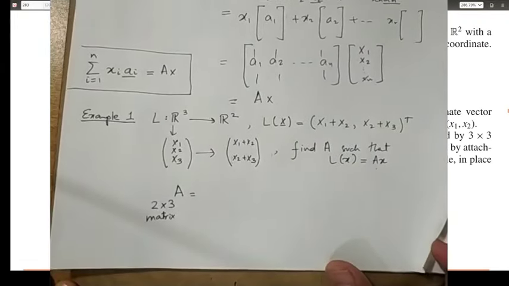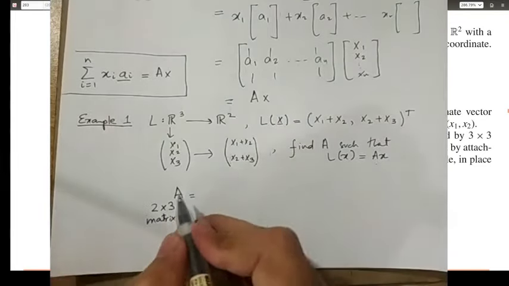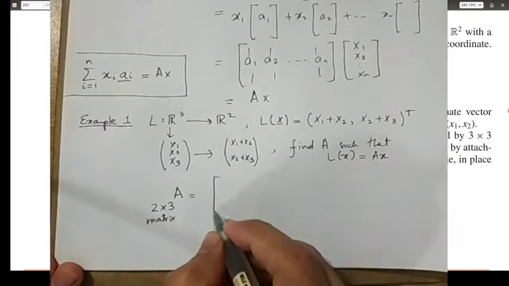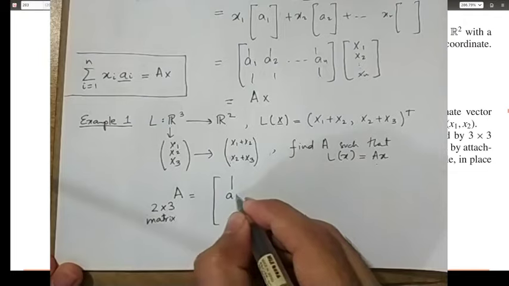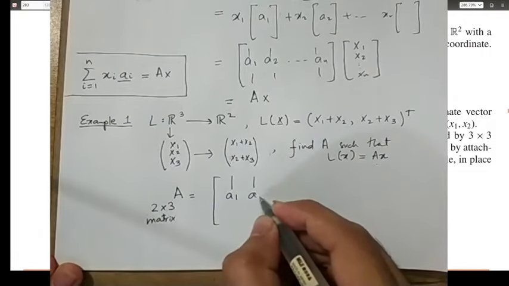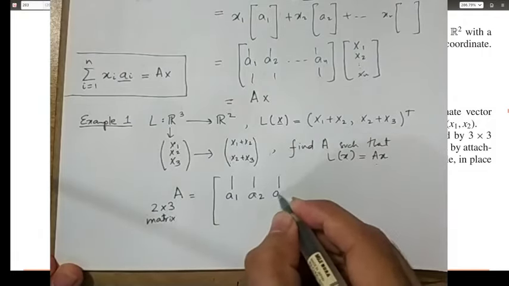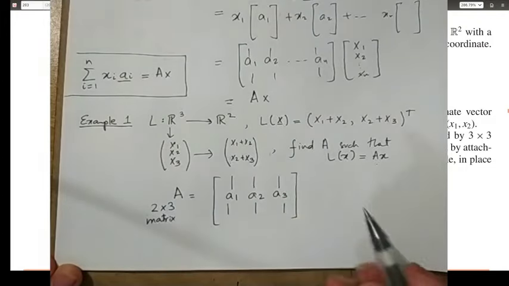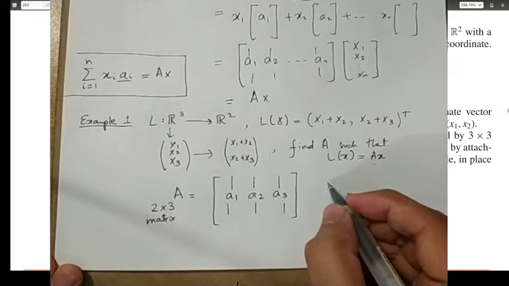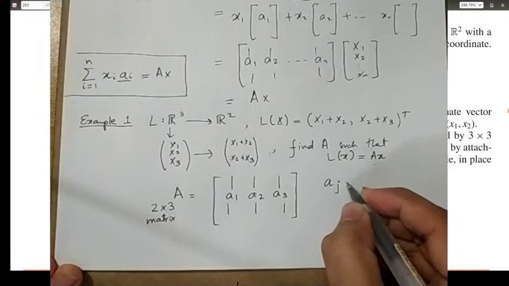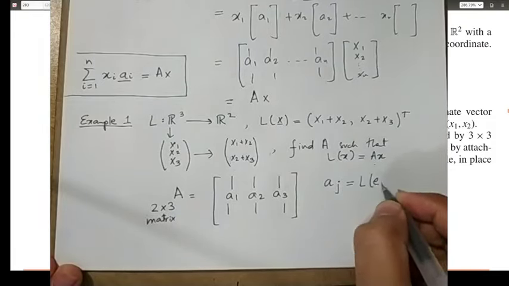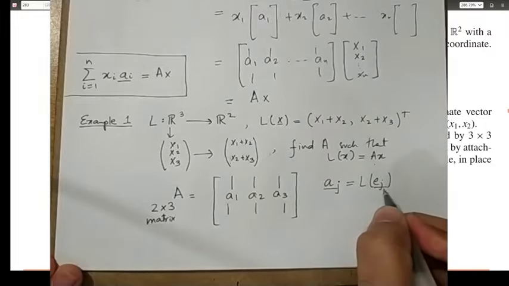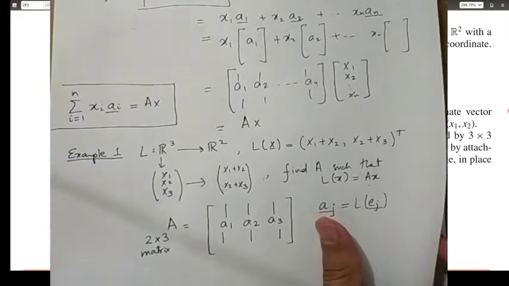Okay. So we can construct A by finding the columns A1, A2, A3, so it has 3 columns, we need to find 3 column vectors. And the way we find that is Aj equals L of ej. So we just need to figure out what happens to the standard basis vectors.